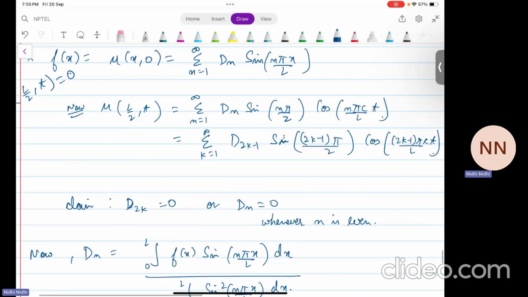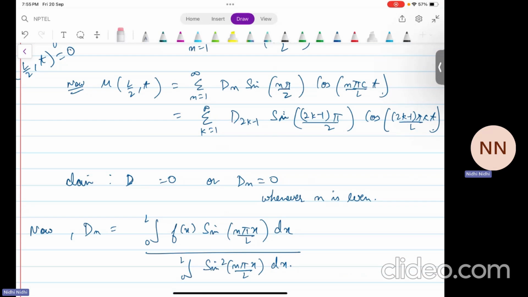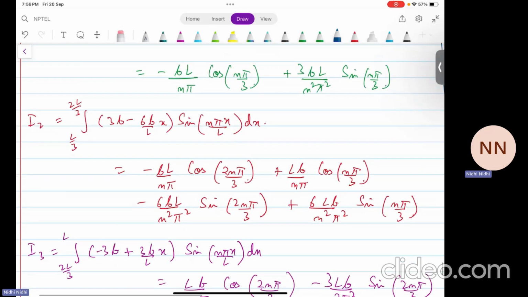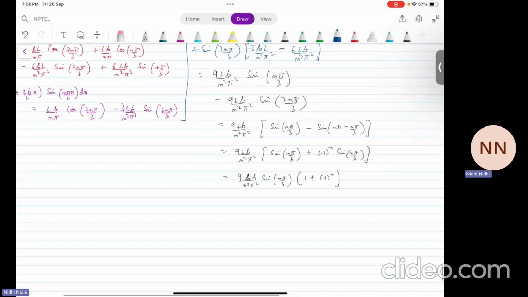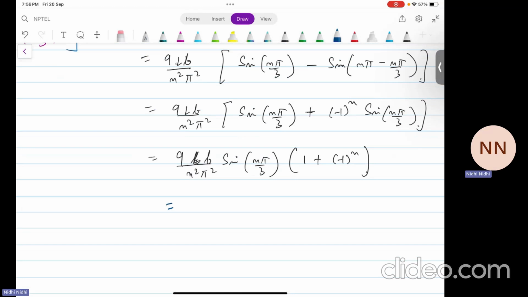So we want to show that all the odd terms, 2k minus 1, is 0 whenever n is odd. That is what we have seen. Now this is equal to 0 whenever n is odd, and this is equal to 18 lb sine n pi by 3 by n square pi square whenever n is even.